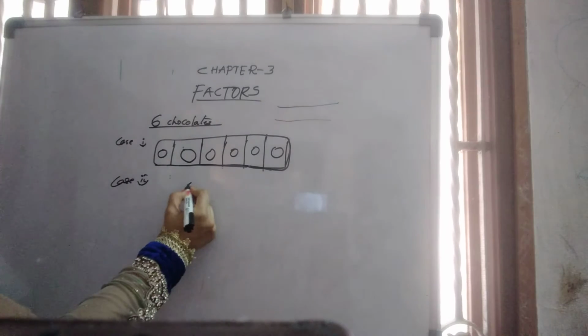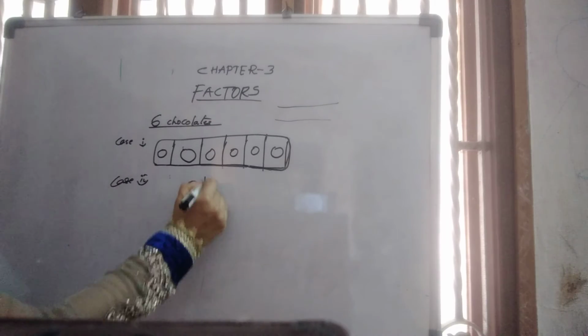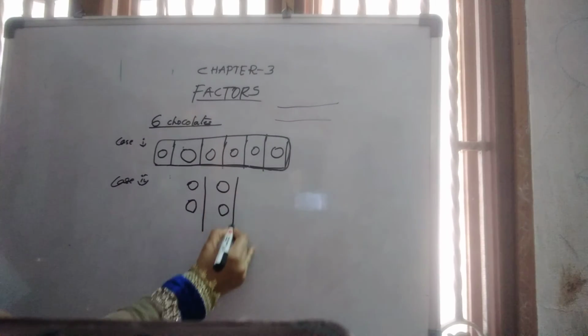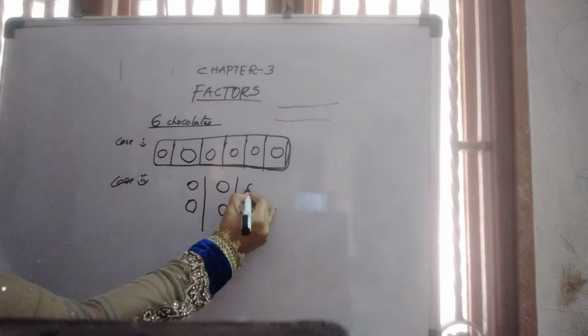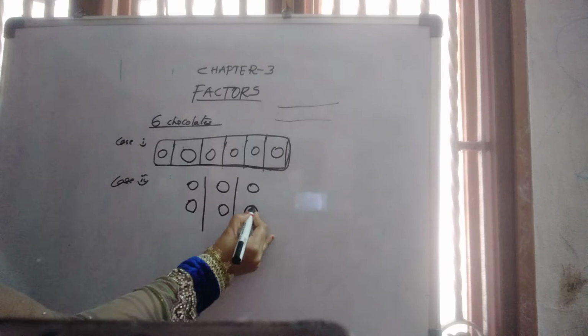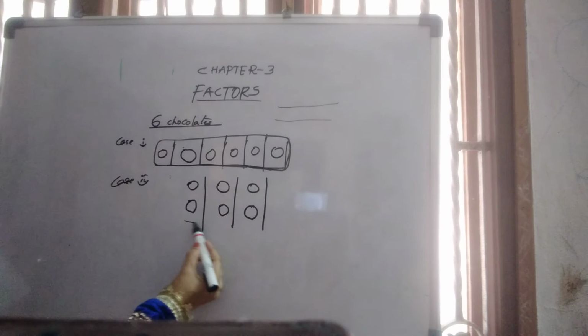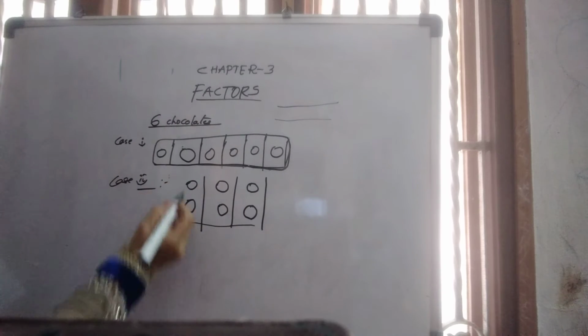The second way is, first we arrange 2 chocolates in one column, another 2 chocolates in the second column. Out of 6, we have completed 4 chocolates. In the third column we take 2 chocolates, finishing 6 chocolates. This is the second case.